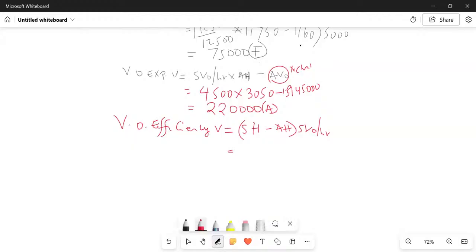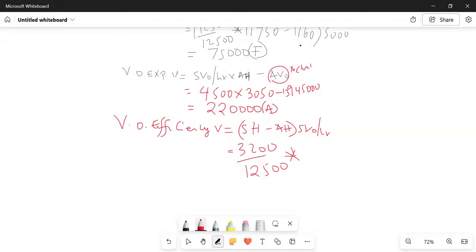So we have 3,200 over 12,500 times the actual production, because remember, capital SH stands for standard hours for actual production. The standard hours are 3,000 minus actual.